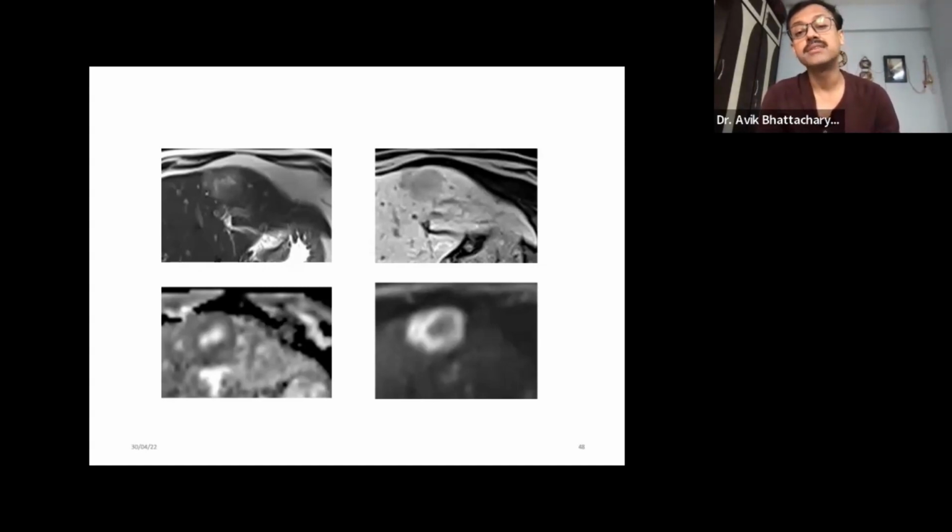If you go through the LI-RADS classification, they are saying if the lesion is more than 1 centimeter, and if the lesion shows arterial phase hyperenhancement, then with any one of three, either washout, peripheral capsule, or threshold growth, it is LR5. We can stamp it definite HCC and start treating it. We need not go for any other test or any other investigations.